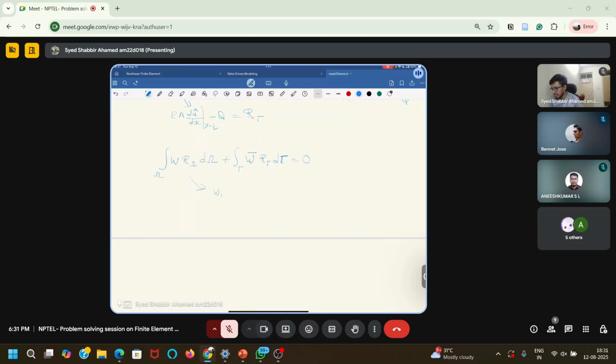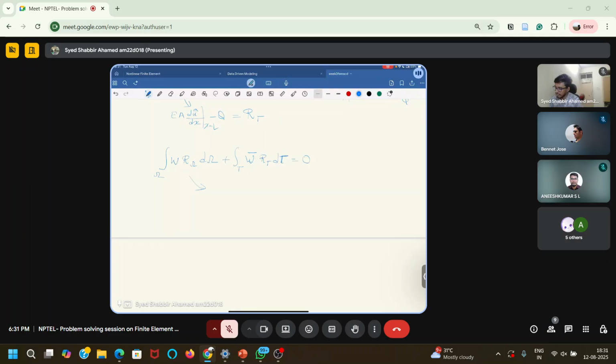You can also write this as W1 R1 plus W2 R2 like this, but because this is a continuous domain, you write this summation as an integral.